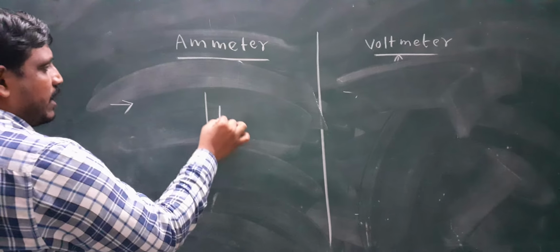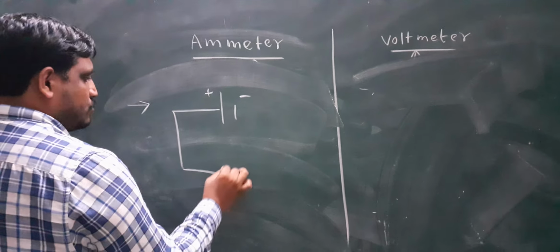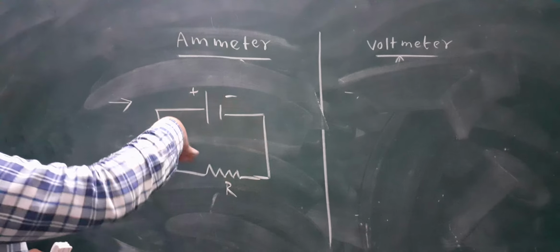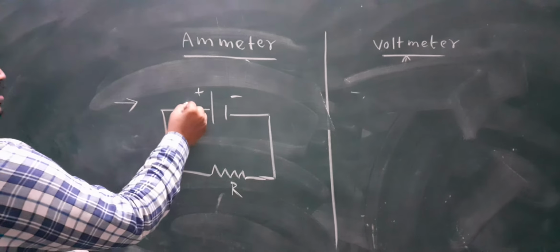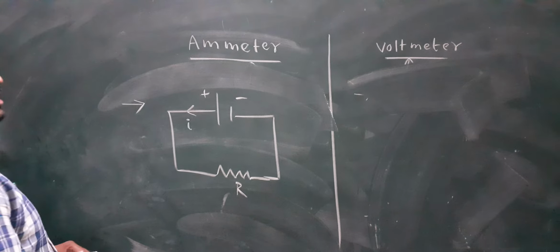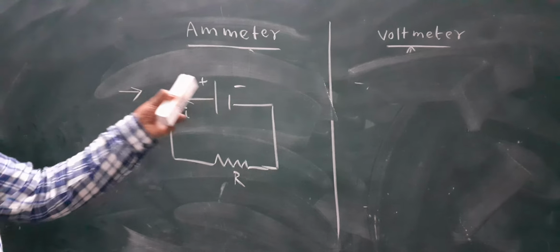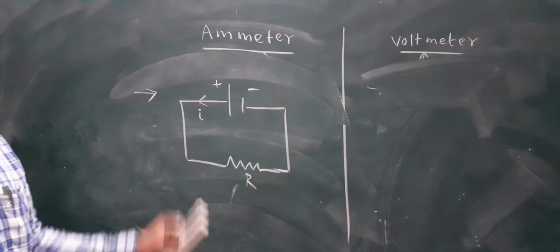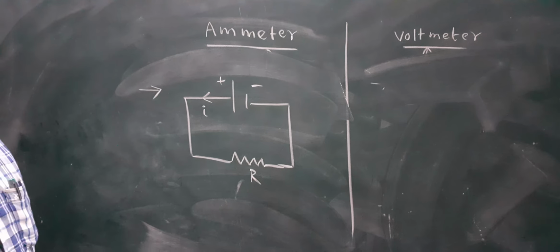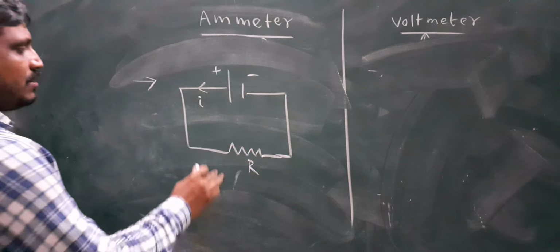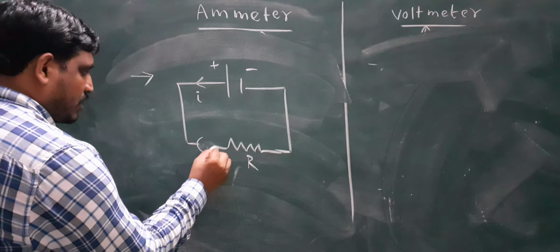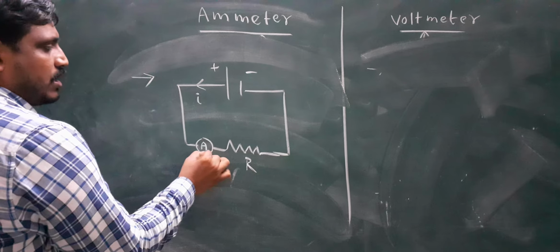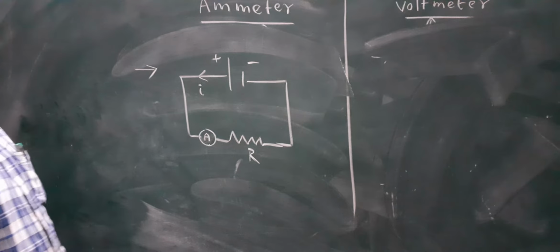This is the battery. What is the use of the battery? To supply the current. This is called an electric circuit. The battery supplies the current, and this current passes through the resistor. To measure the current, the ammeter is connected in series to the external circuit. The ammeter is always used to measure the current.